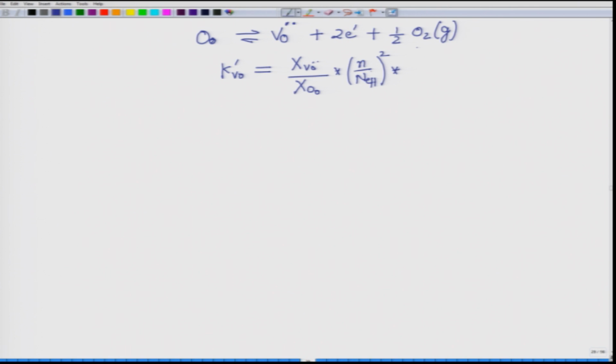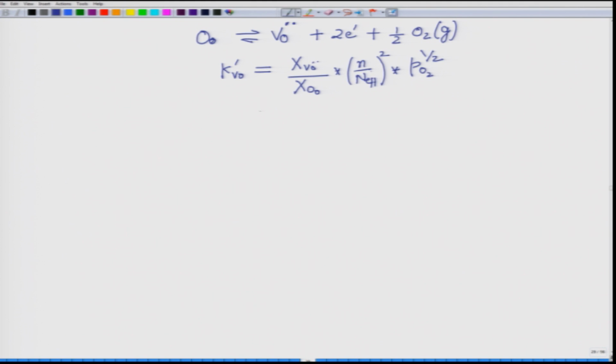And for oxygen, like we said, the activity will be expressed as the partial pressure of O2, and since there is a factor of 1 by 2, it translates to a power of 1 by 2.